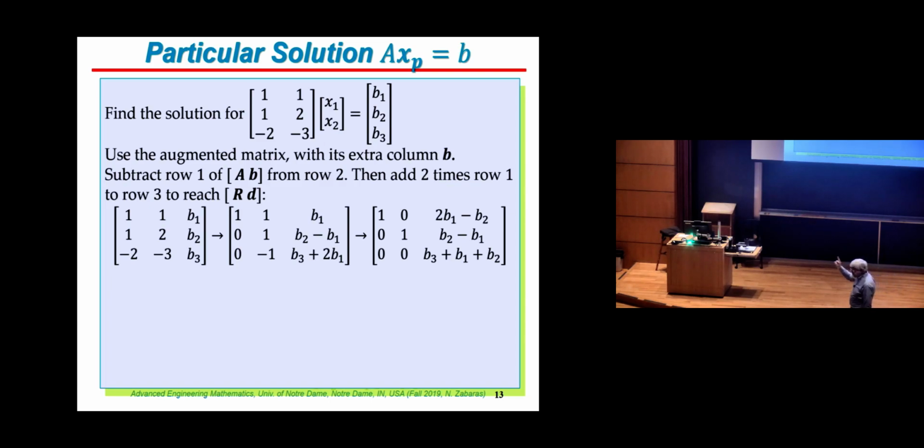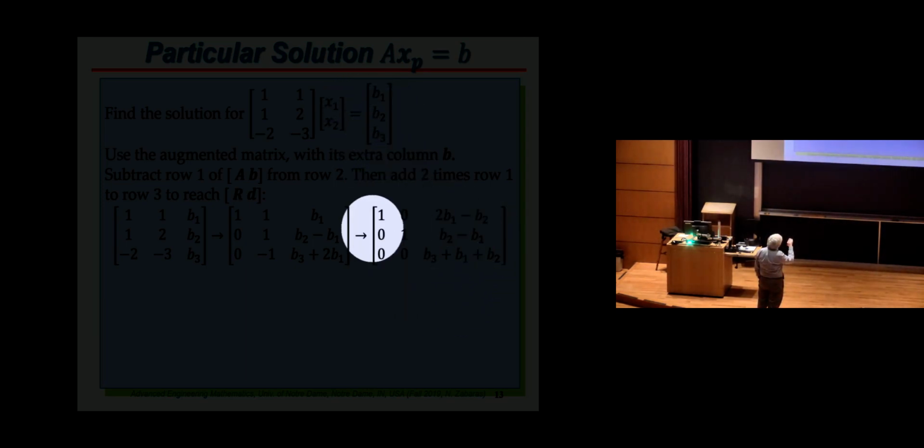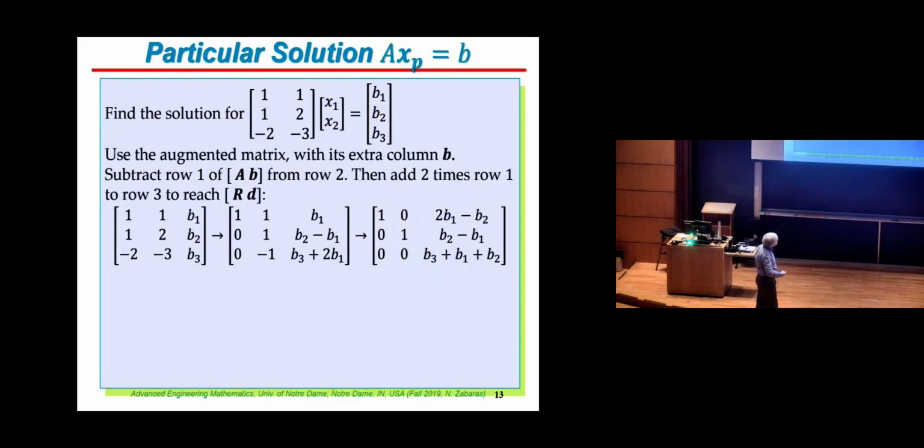All right, so 1 in the pivots, 0 above the pivots. So this system of equations, when you do it for the general right-hand side, b1, b2, b3, right? It gives you something like that. So if somebody asks you, what conditions do you need for b to have a solution, what will be your answer?